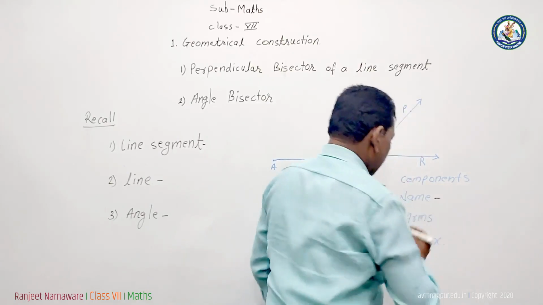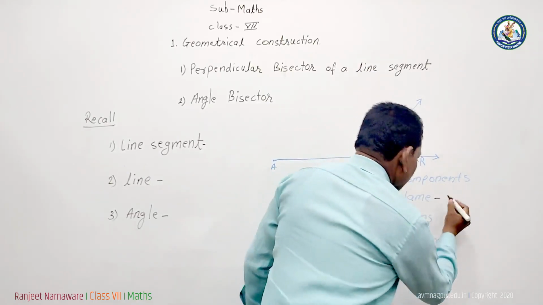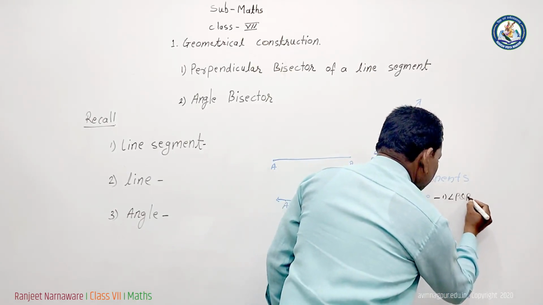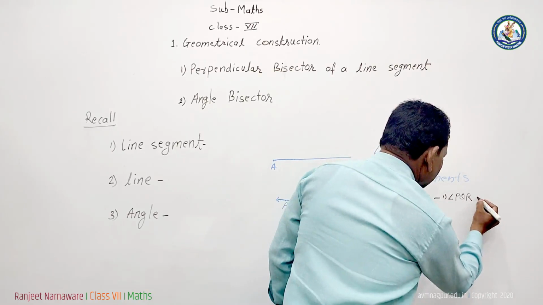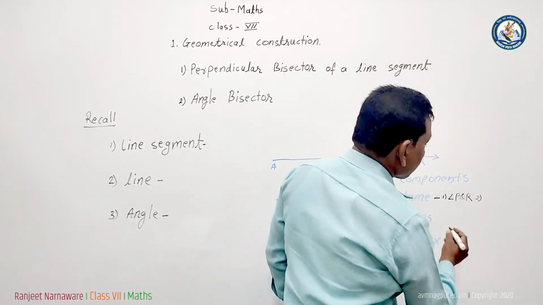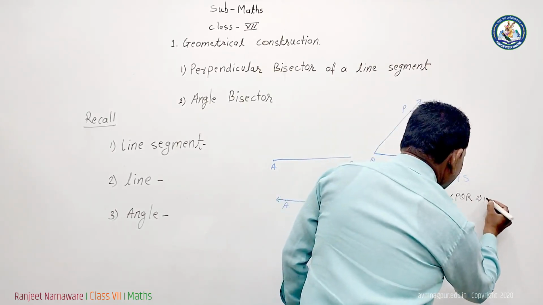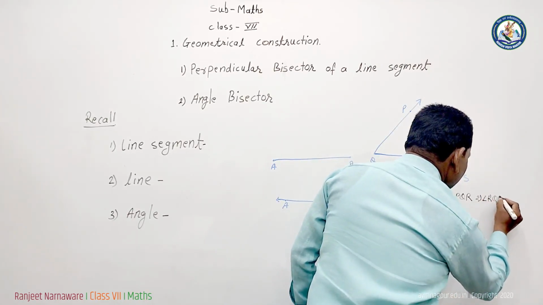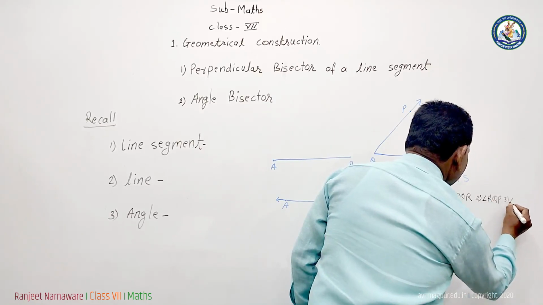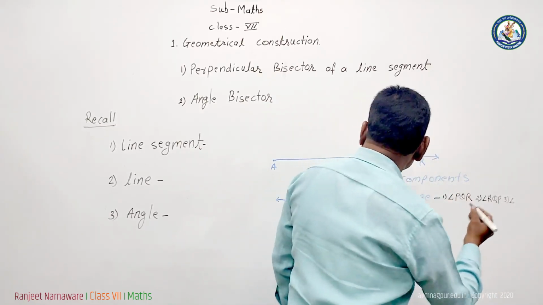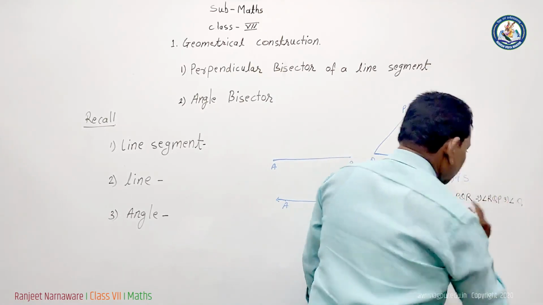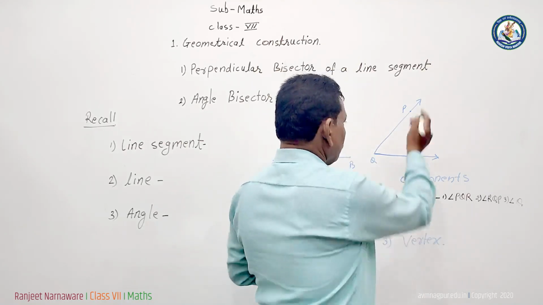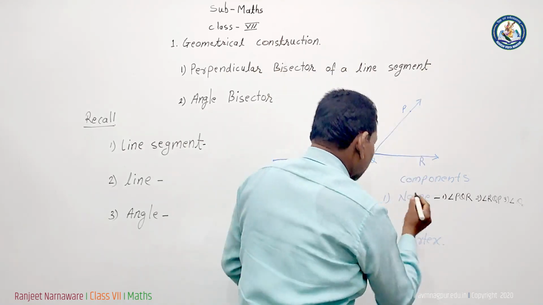We can write the name of this angle in three ways. First is angle PQR, second is angle RQP, and third one is just with a single letter Q. It has two arms, just like our hands.